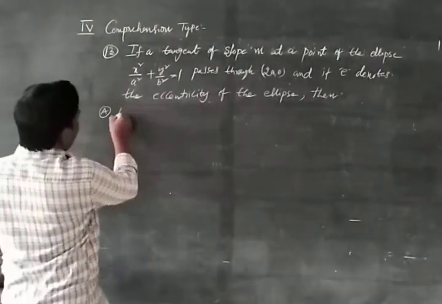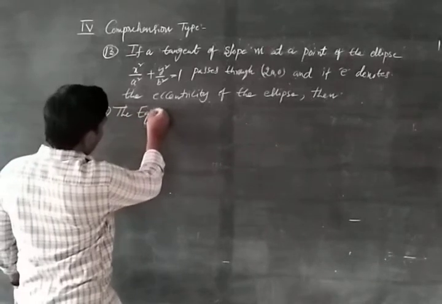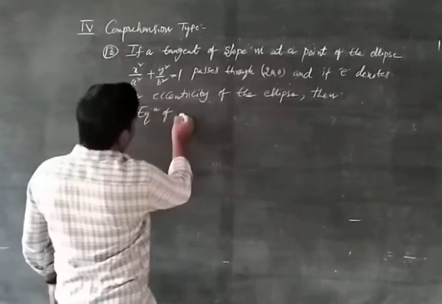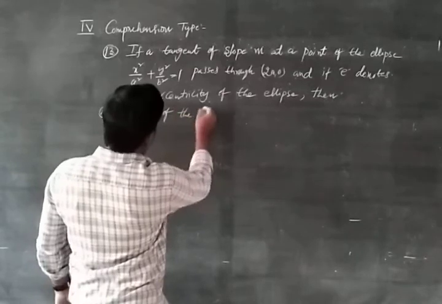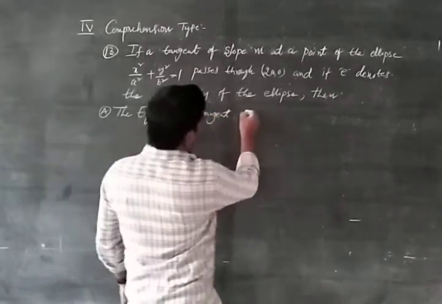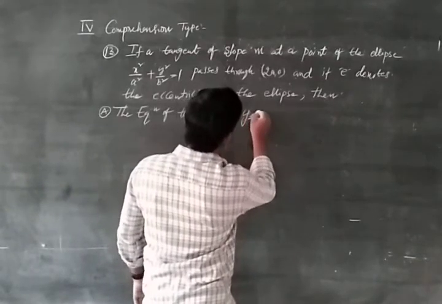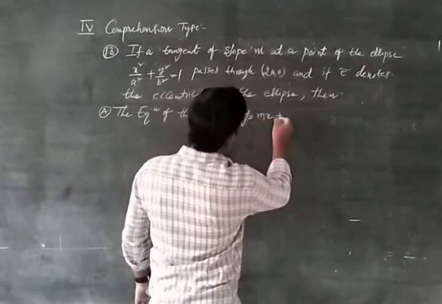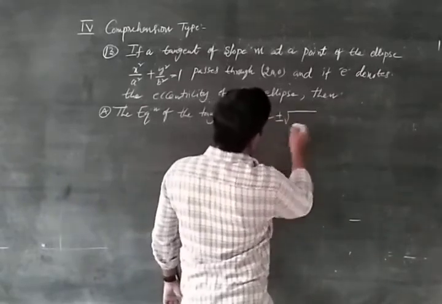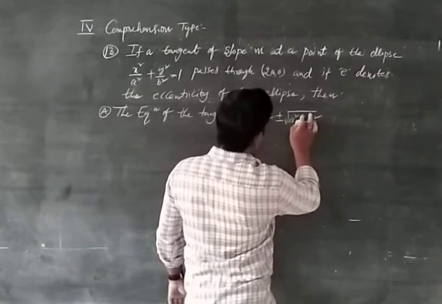The equation of the tangent, we know that y equal to mx plus or minus root a square m square plus b square.